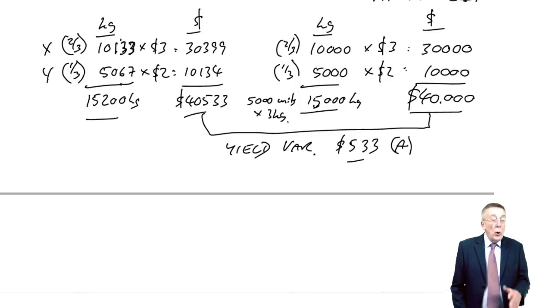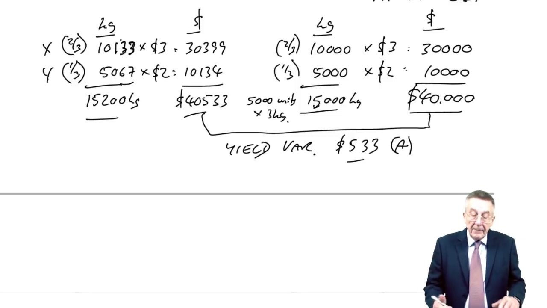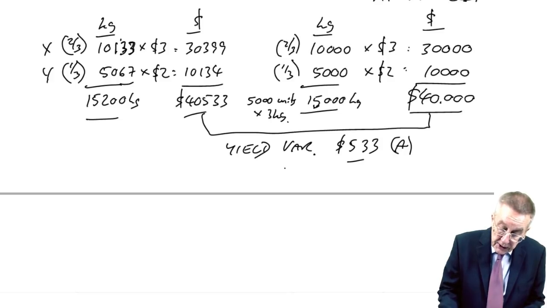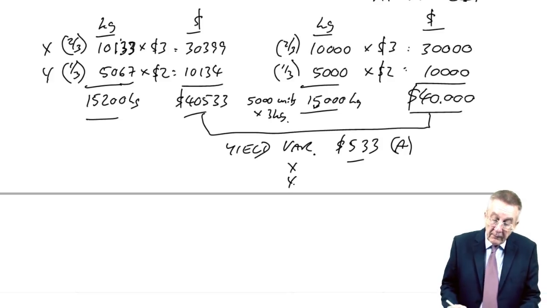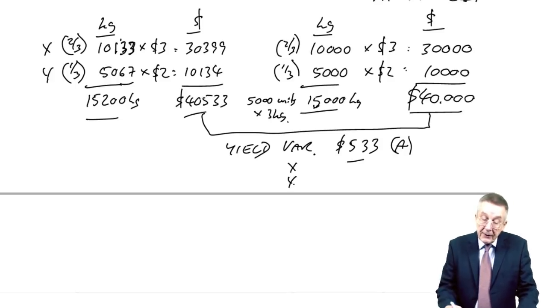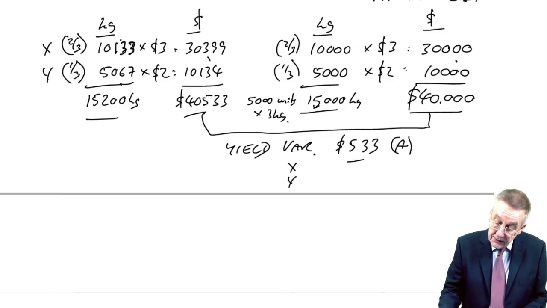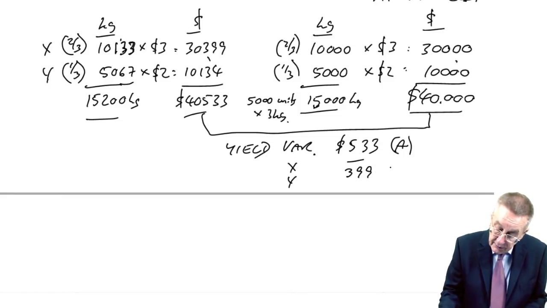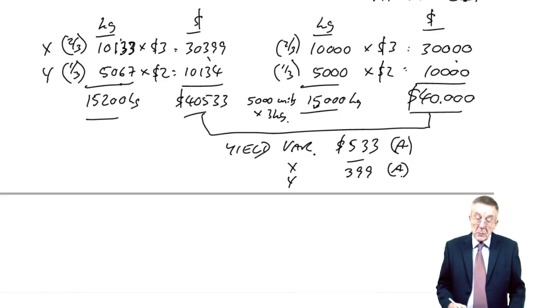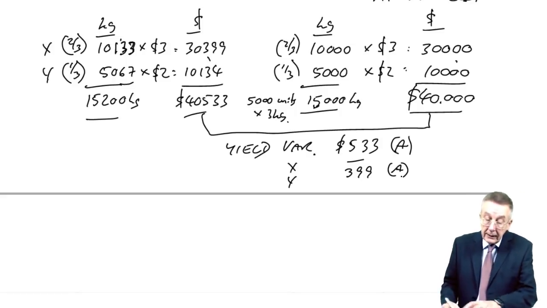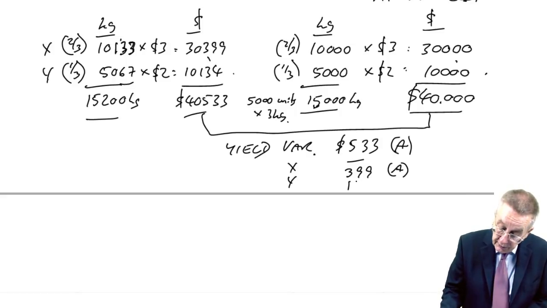As I've kept on saying, normally it's just the total we need. If you were required to show the analysis, then X 399 adverse, and Y 10,134 minus 10,000, 134 adverse.